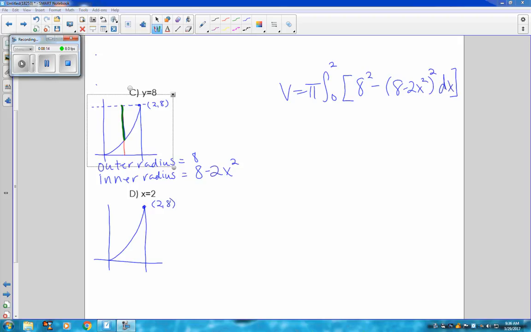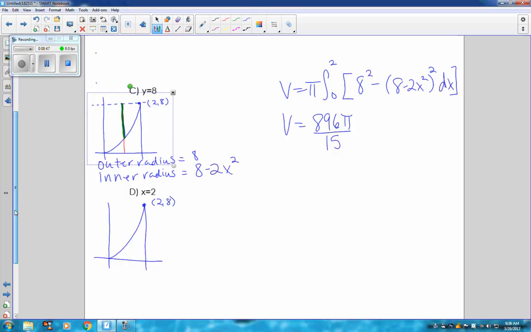The most important part about this problem is being able to set it up. If you can get the setup, you should be able to integrate it also, but there are some larger numbers here. The answer is 896 pi over 15. All right, do you want to see it? Okay. What did I say it was over? 15.